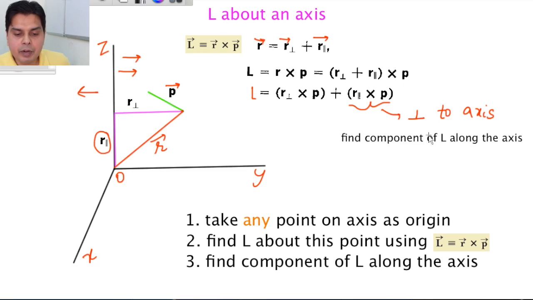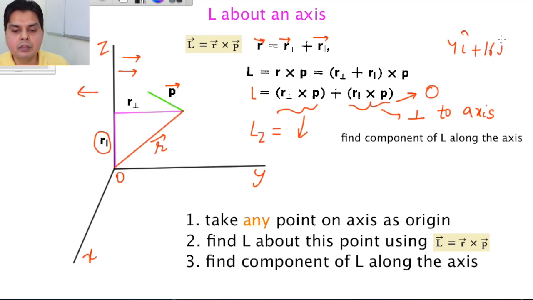So when I am finding the component of L along the z axis, this term will give me 0. My answer for Lz will only depend upon the other component, because this r∥ × p, although it will have a non-zero value, will be something like 4i + 16j.